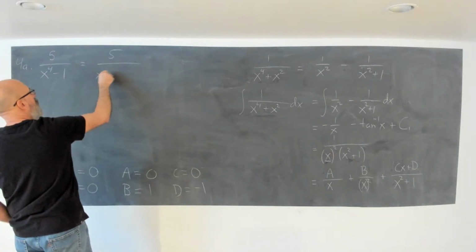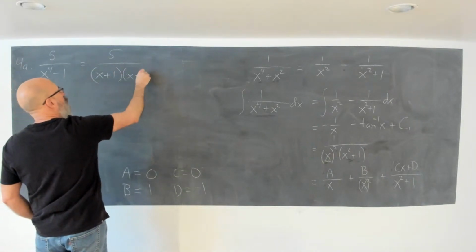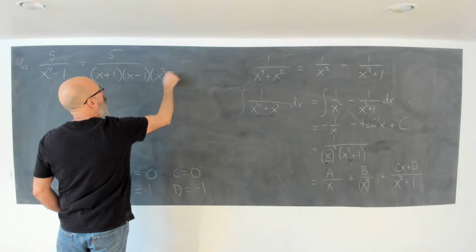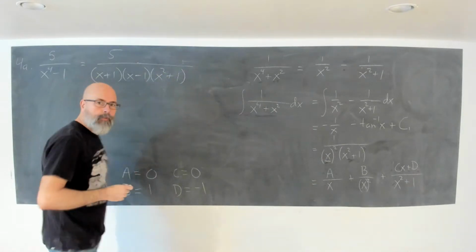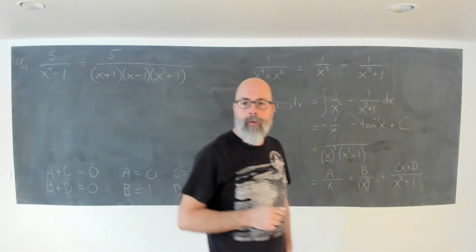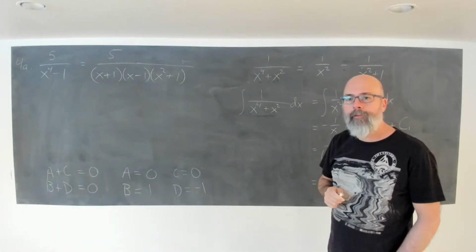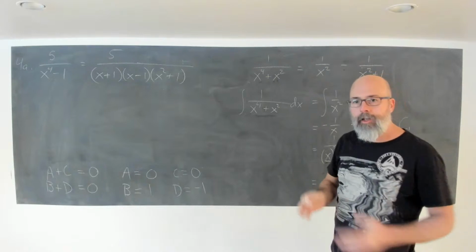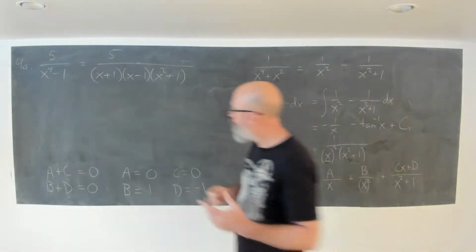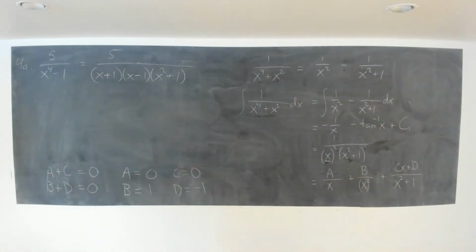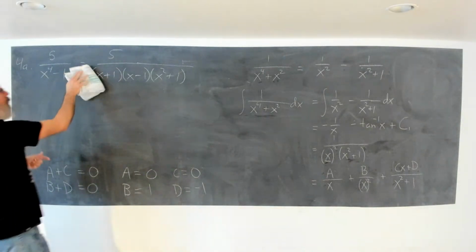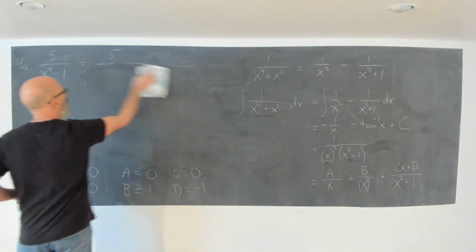This factors as x plus 1, x minus 1, x squared plus 1. Does everybody see that? Sophia did it as x squared plus 1 times x squared minus 1, an excellent start.